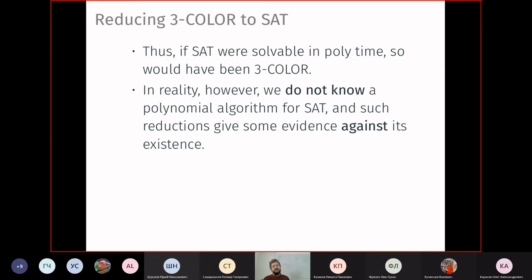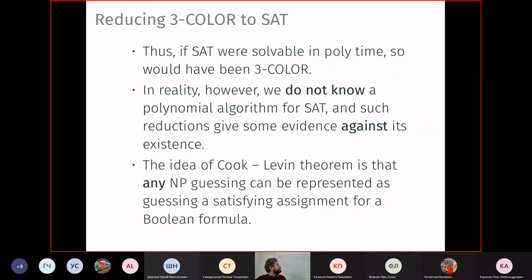This is evidence that possibly there is no such algorithm. But it's all vague. There's no formal theorem that P is not equal to NP yet. So if we believe in hardness of 3-color, we believe in hardness of SAT.